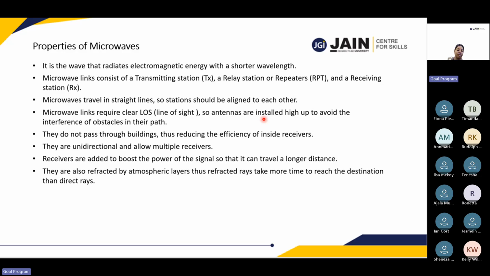The same way we have them here. Repeaters are added to boost the power of the signal so that it can travel over long distances.